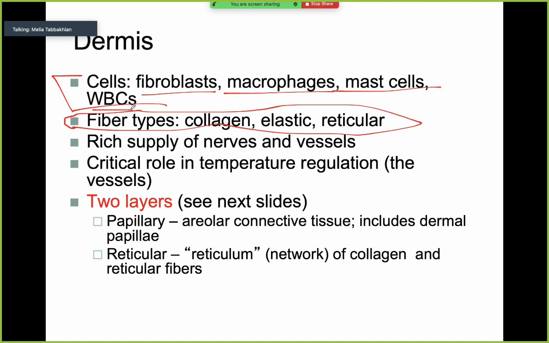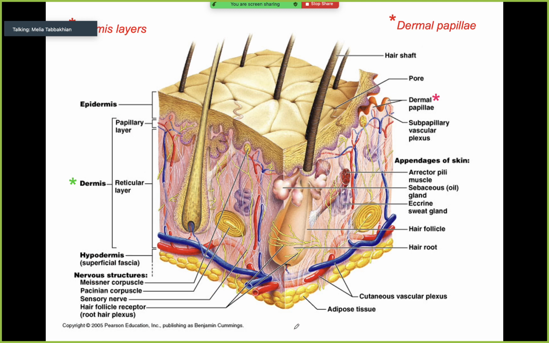But unlike the epidermis, which was made up of approximately 5 layers, the dermis is only made up of 2 layers. The top layer is called the papillary layer, and the bottom layer is called the reticular layer. The papillary layer is like the top 10%. So if this is my whole dermis, this is the papillary layer, and the rest of it is the reticular layer, as you see here.